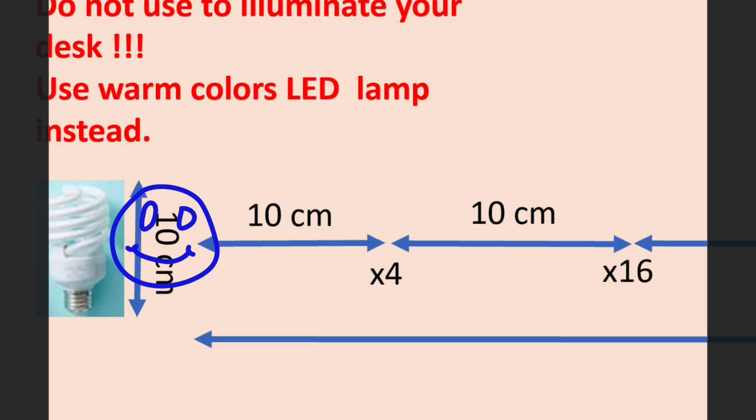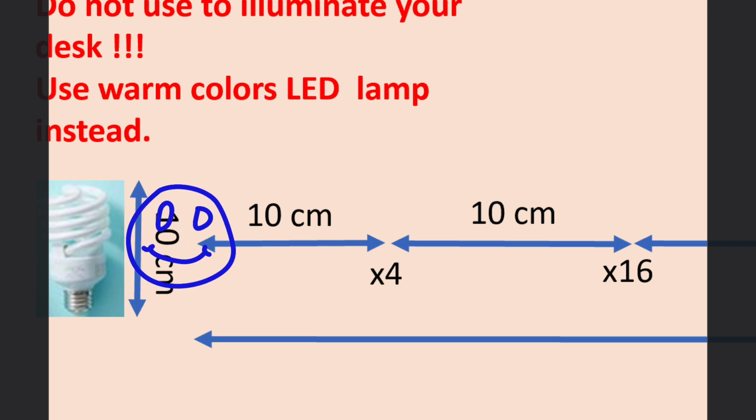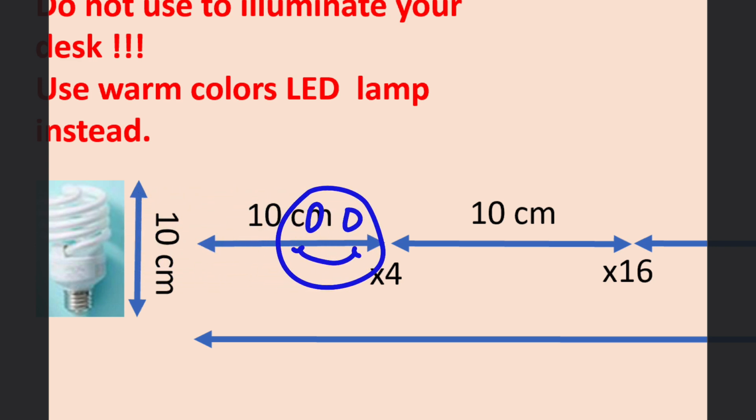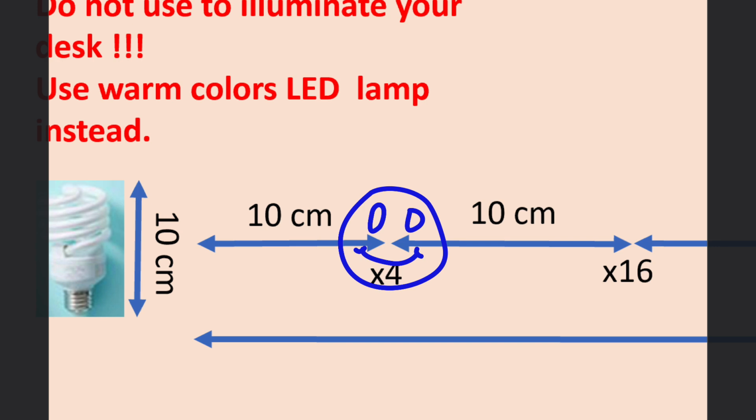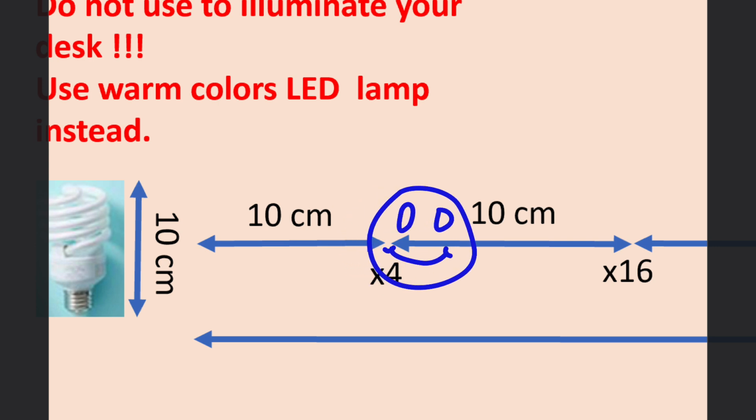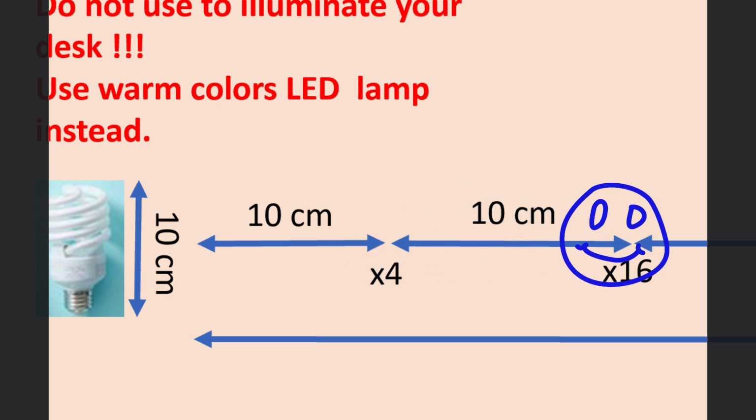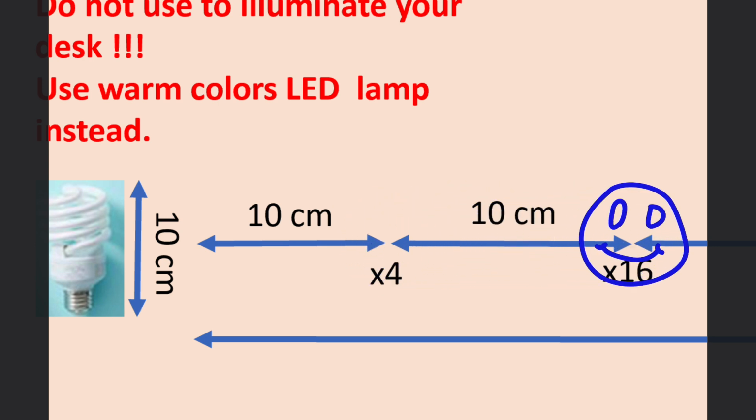So initially, if a human body is right next to the lamp and the size of the lamp, the human body will be exposed to the radiation of 100% without any losses. When we increase the distance to 10 centimeters from the lamp, the radiation on that human body reduces 4 times. And when we increase the distance to 20 centimeters, we can observe a reduction in radiation 16 times.